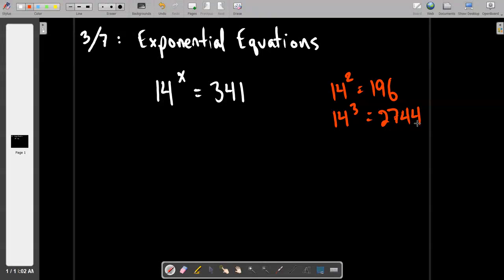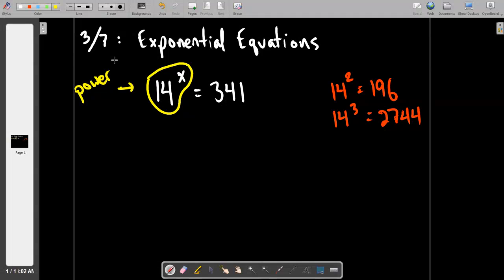So when someone asks you to solve an equation like this, the first thing you always want to do is get this by itself, and that is called the power. I know we casually sometimes refer to the x just as the power, but technically the base and the exponent together form what we call a power.